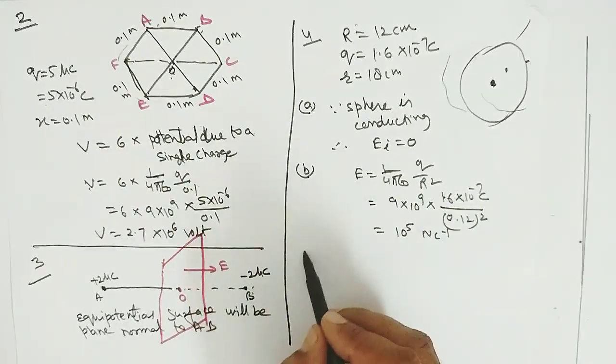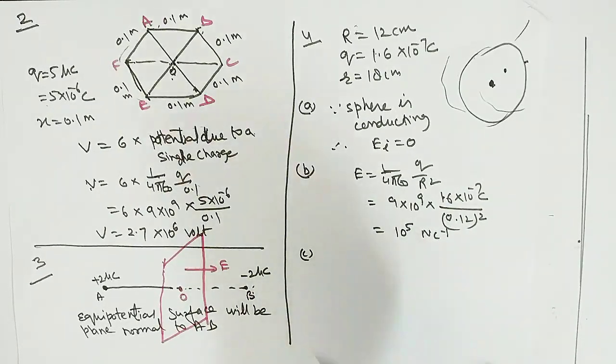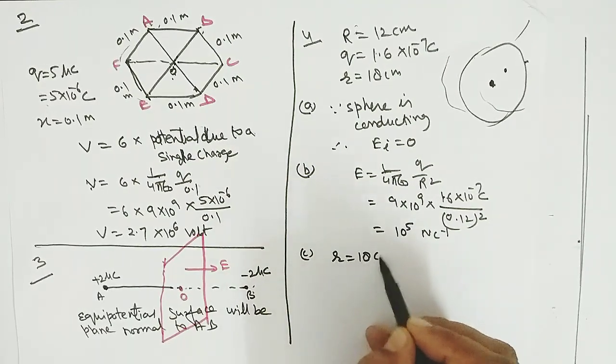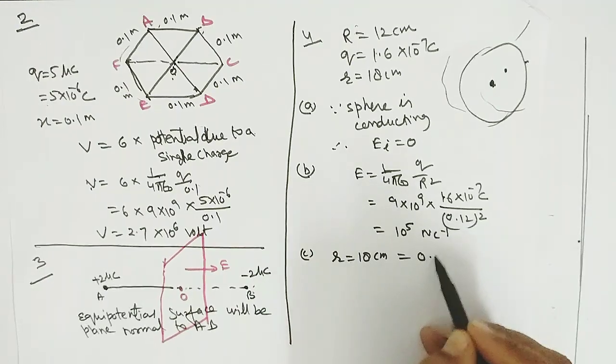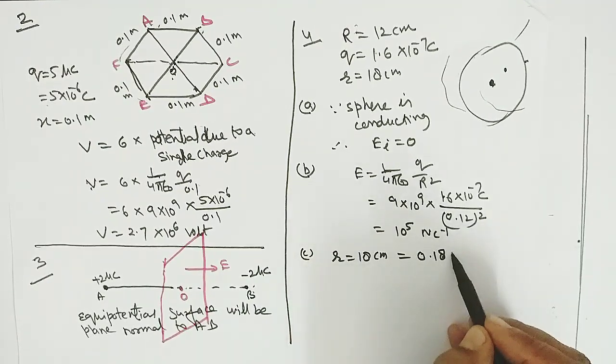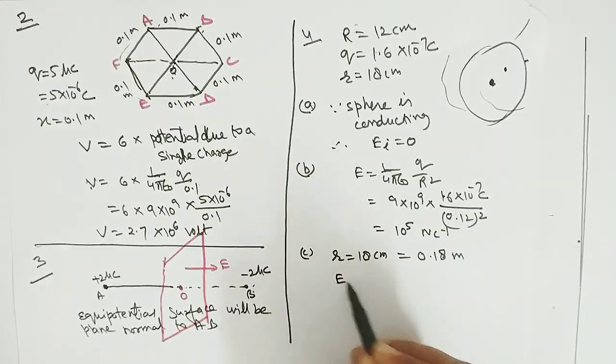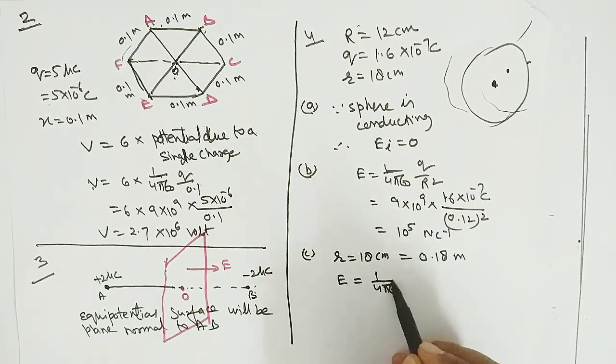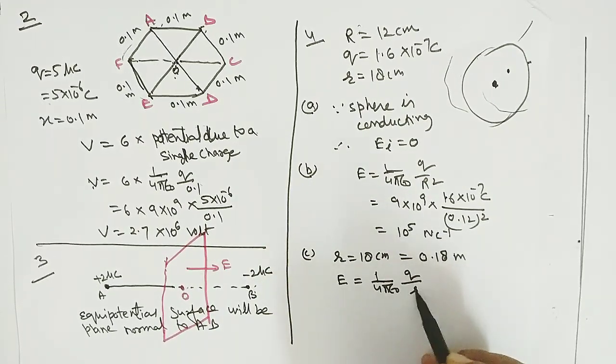Okay, and the C part, it is asked at the 18 centimeter. It means R is equal to 18 centimeter, or you can write here 0.18 meter. So E at that point is 1 upon 4 pi epsilon naught Q upon R square.